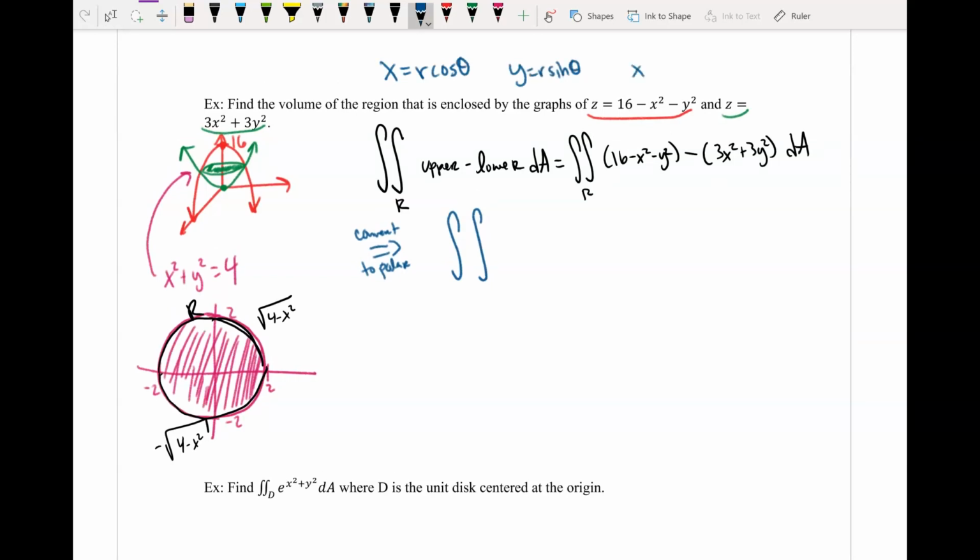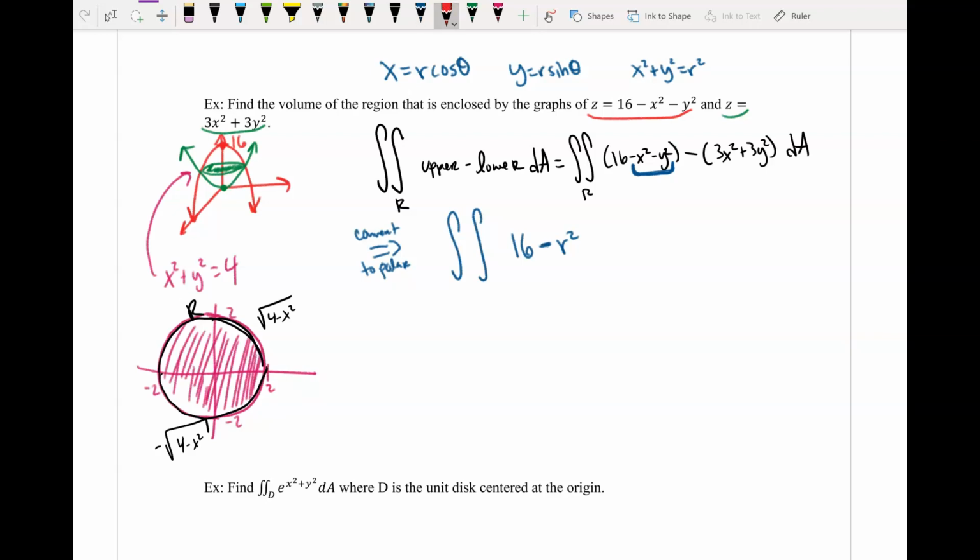We also know that x squared plus y squared equals r squared. So this first part is going to be 16 minus r squared, because you can factor out a negative from negative x squared minus y squared, and x squared plus y squared will be r squared.